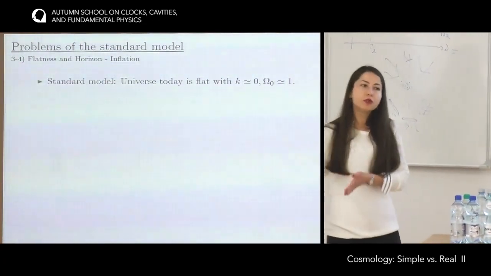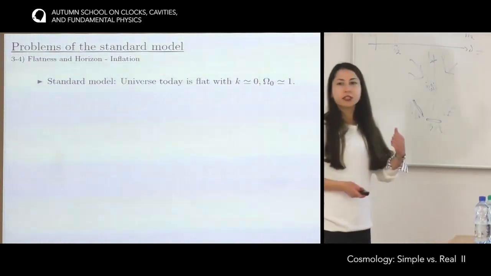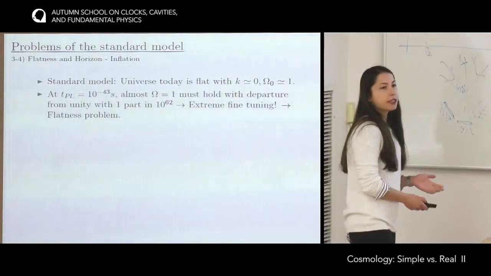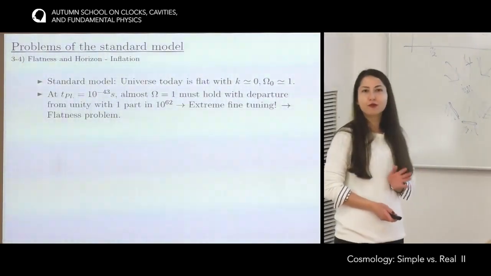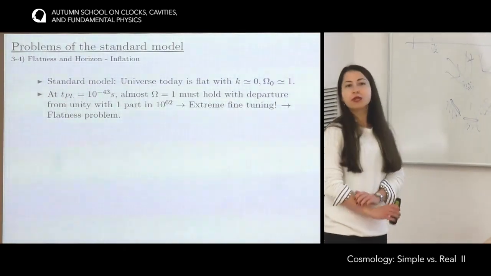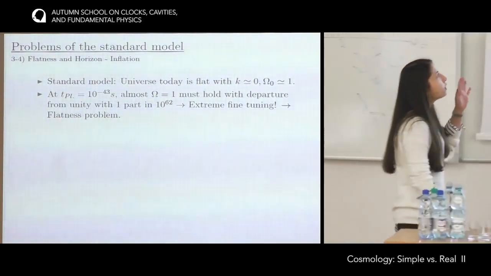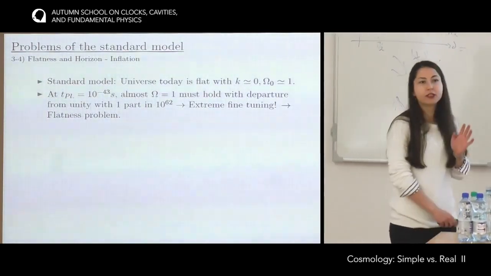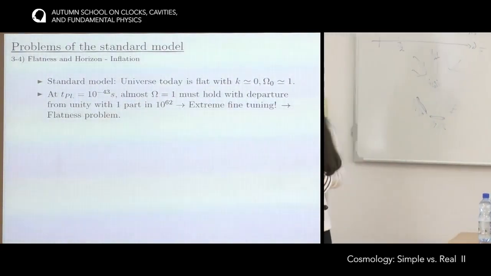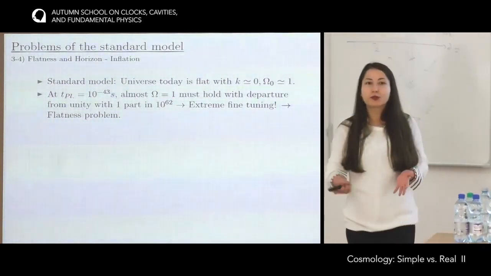This means that if you go to the early universe and try to understand the conditions back then to get this value today, you see that at the Planck era, when the universe was 10 to the minus 43 seconds old, the universe should have been almost exactly flat. You can only depart from unity in one part in 10 to the 62. That means your initial conditions are extremely fine-tuned, and that was the flatness problem in cosmology.